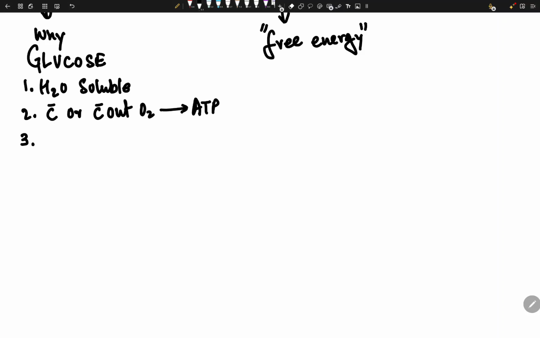So the brain loves glucose. This is the third reason. You must be thinking, wow, it's an assumption, Shashwat. Why don't you tell me why? The brain consumes enormous amounts of ATP, right? Normally, glucose is the preferred fuel, right?